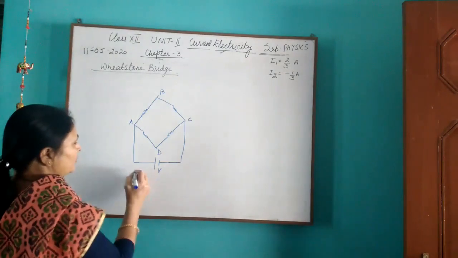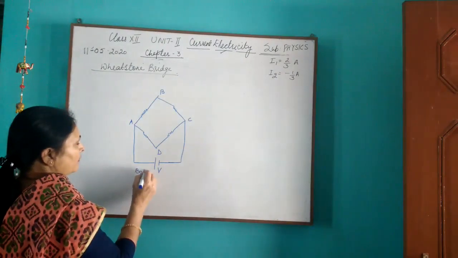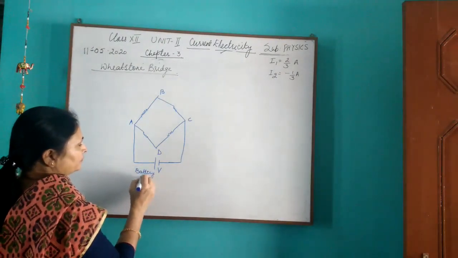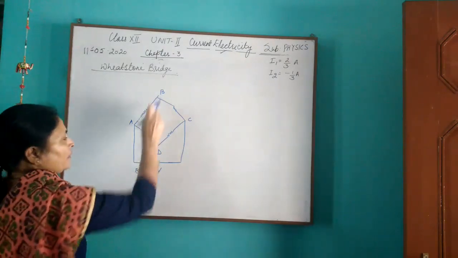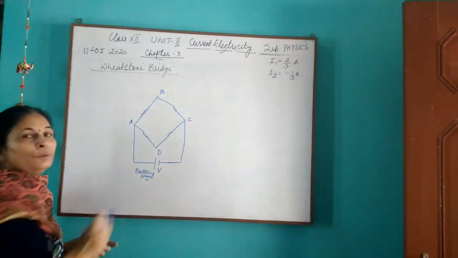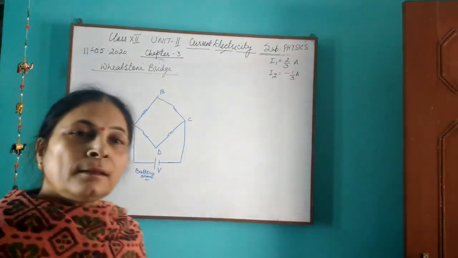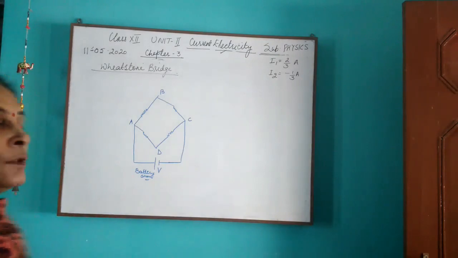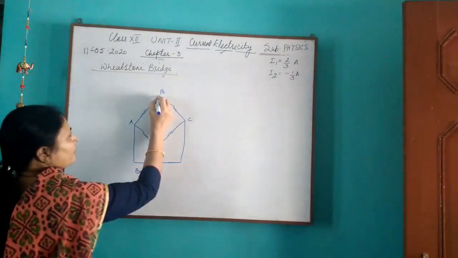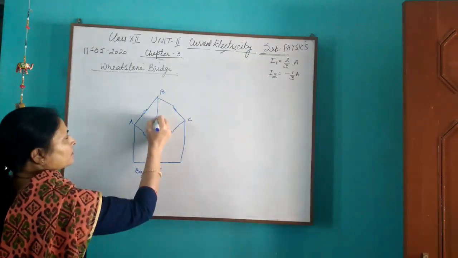This arm is known as the battery arm. Across the other diagonal, a galvanometer is used. You can connect it like this.